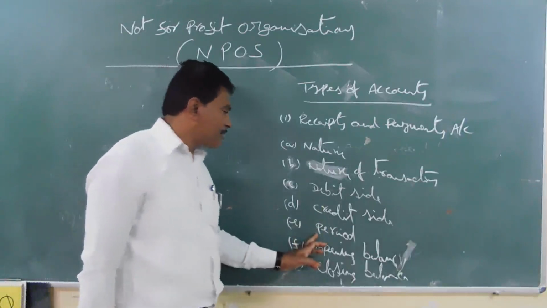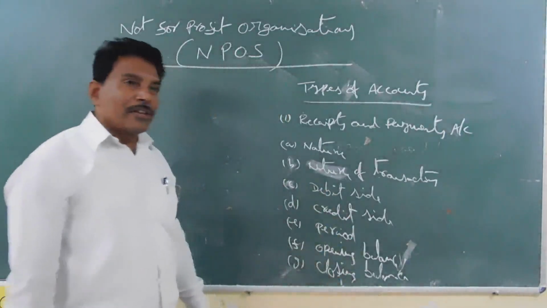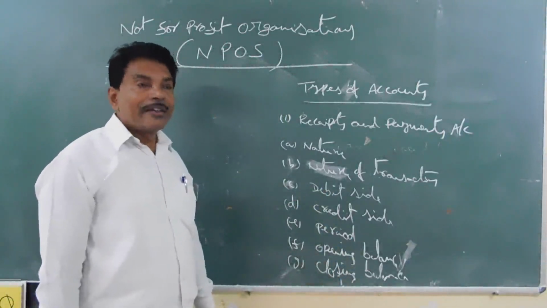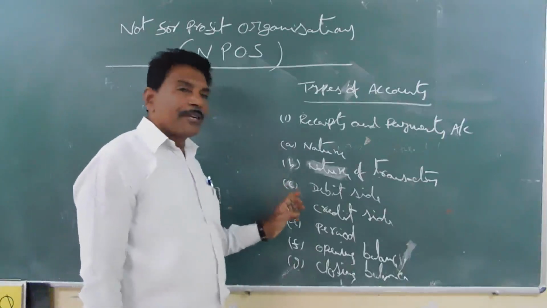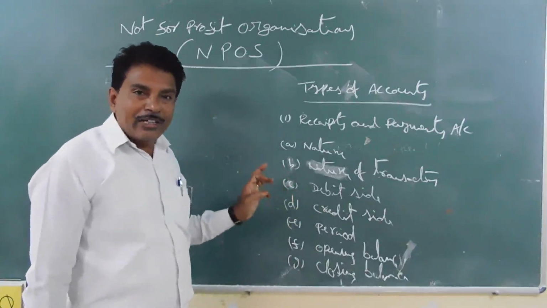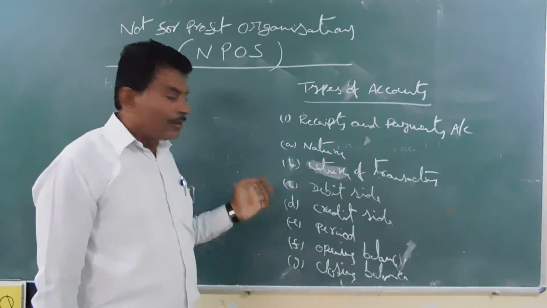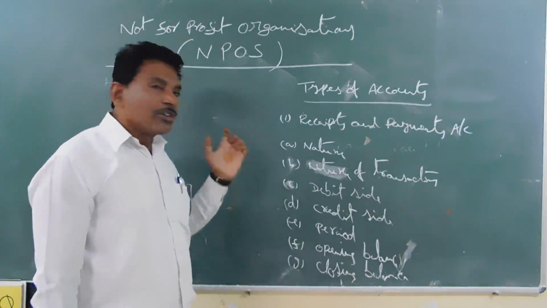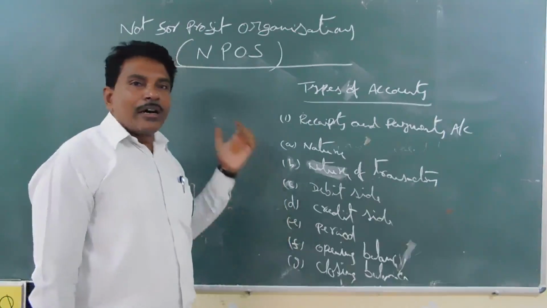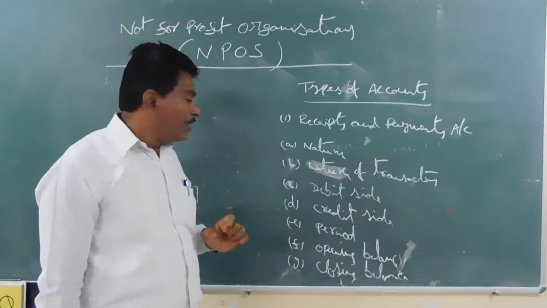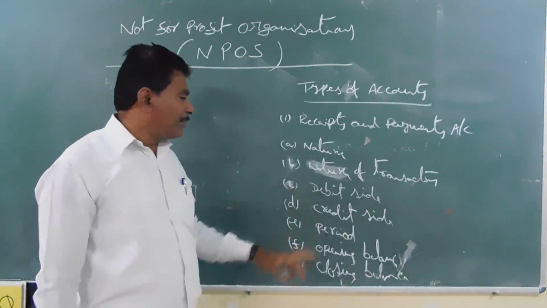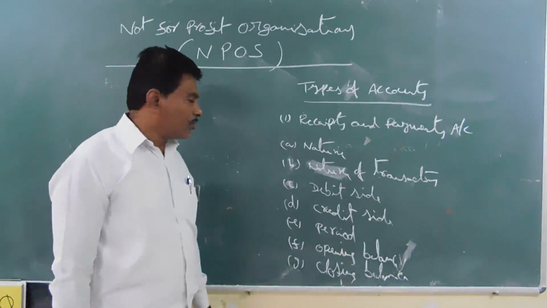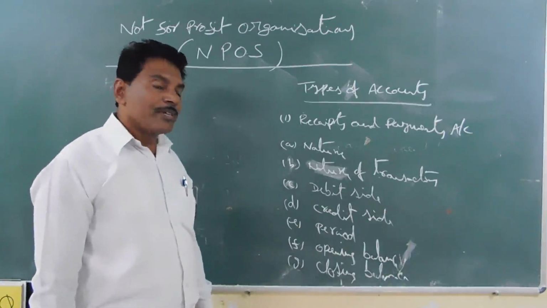Irrespective of the period, whether the items pertain to the previous year, current year or next year, and irrespective of capital or revenue, all types of receipts are shown on the debit side. Similarly, on the credit side, all types of payments are shown, both capital and revenue.